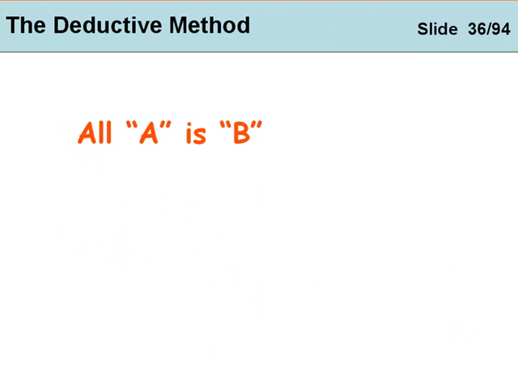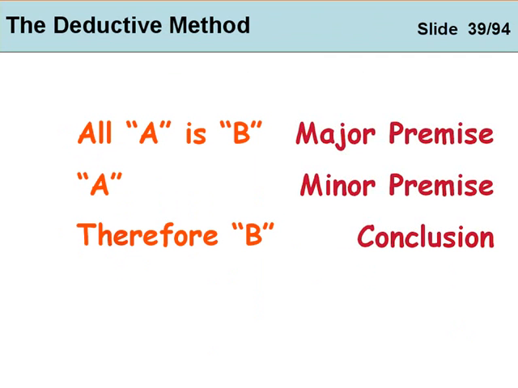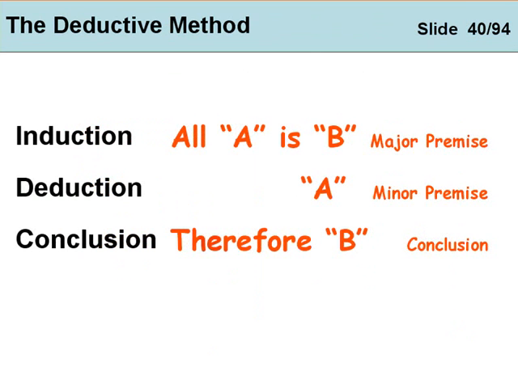Now let's go back. All A is B. Now if we're told A is true, therefore we can say, well, B. In logic, this is known as the major premise, the minor premise, and the conclusion. And how we get to this is we would say all A is B. Well, we found that by induction, like saying all swans are white, by observation. Every time the price of petrol rises, less petrol is sold.